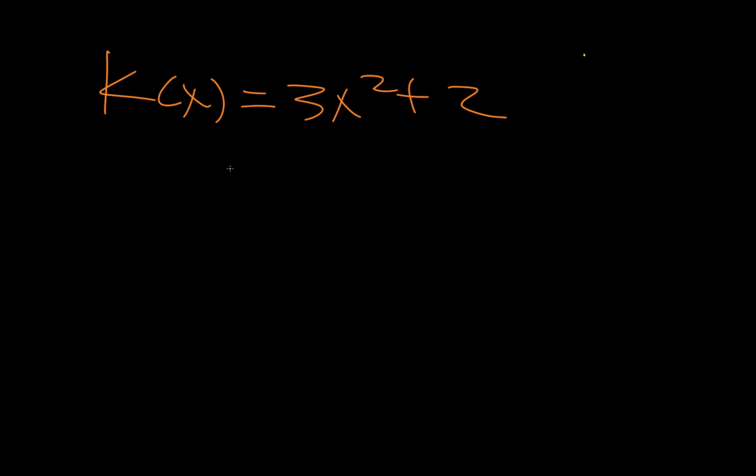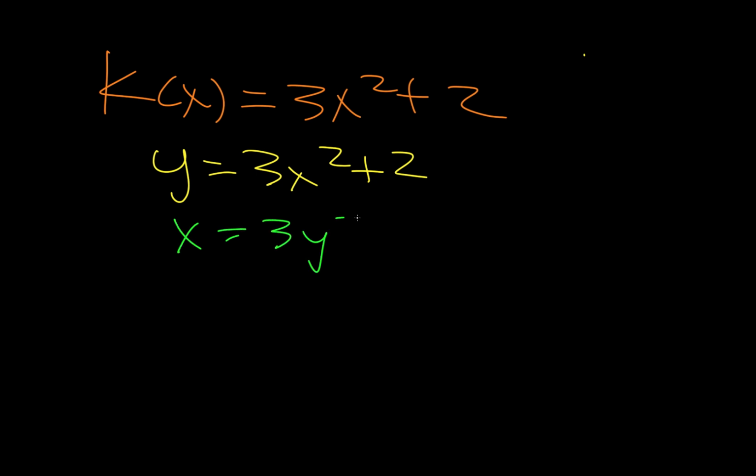It's going to follow the same thing. So we change it to xy notation. We swap the x and the y's. We start to solve for y. Continue to solve for y.